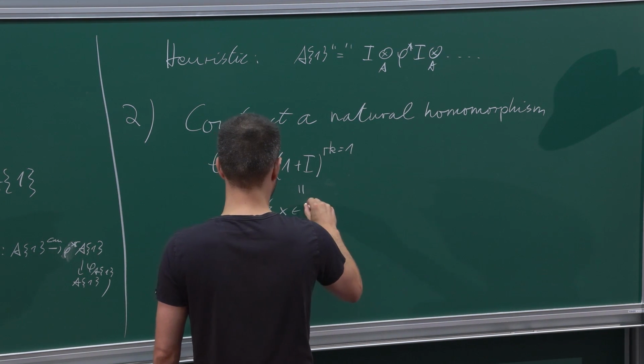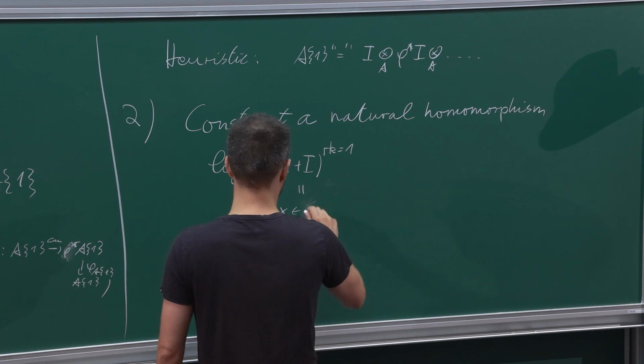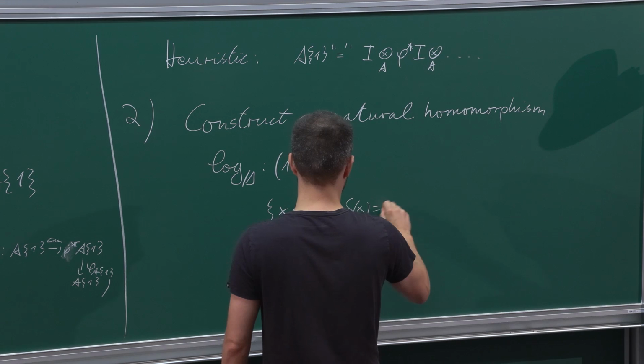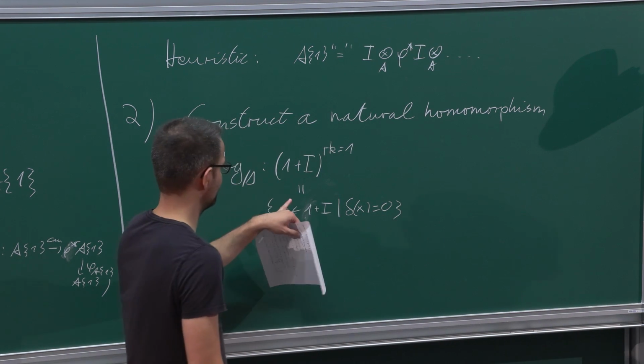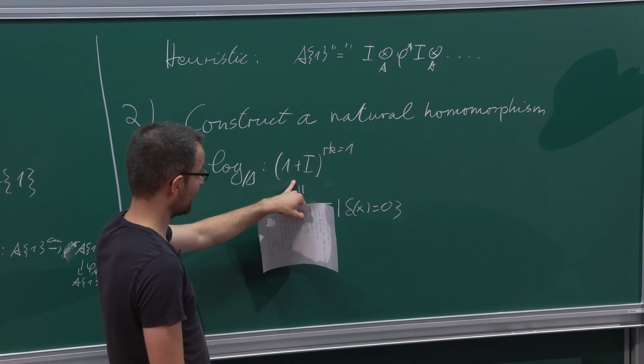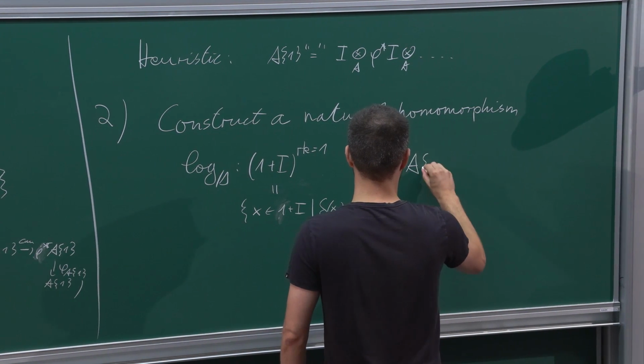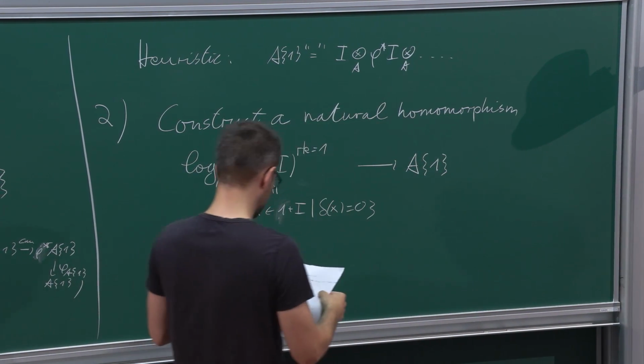These are the elements x in 1 plus I such that delta of x is equal to 0. And so that's a group under multiplication, and this should map to the Breuil-Kisin twist.